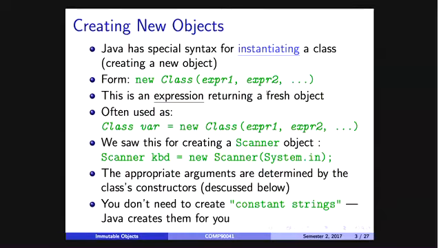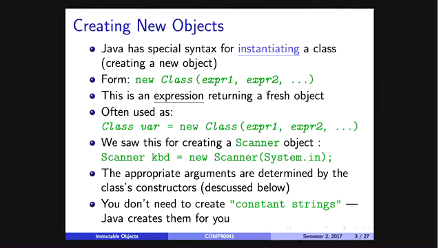The typical way you'd use this is you declare a variable where class is the type of the variable: class var, some variable name, equals, and then new class and all of that, and a semicolon.